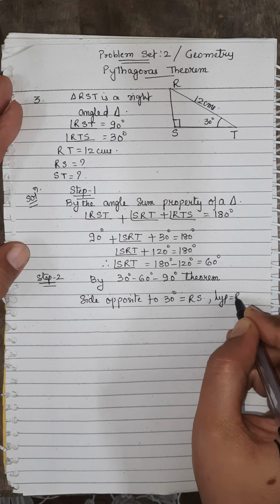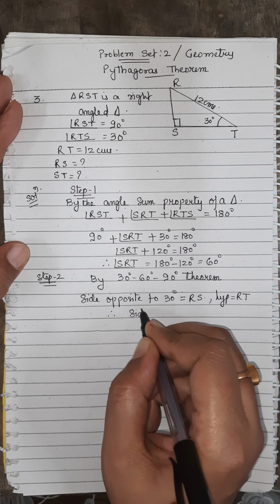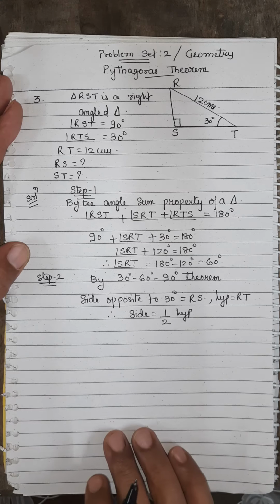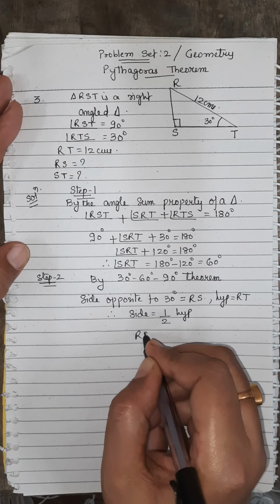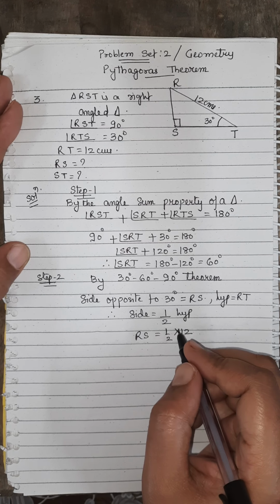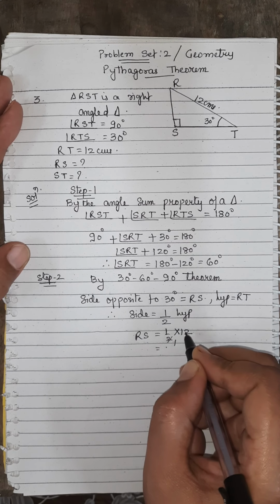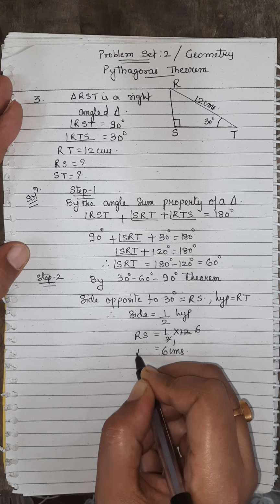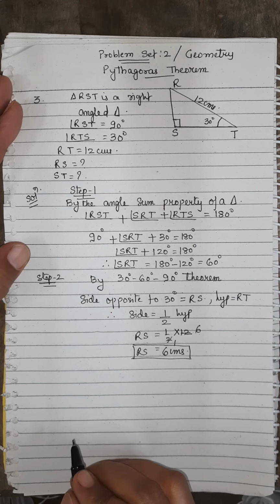Hypotenuse is equal to RT. Therefore, the side is equal to 1/2 hypotenuse. So put the value. Side RS is equal to 1/2 multiplied by 12, that is 6 centimeters. So we got RS is equal to 6 centimeters.